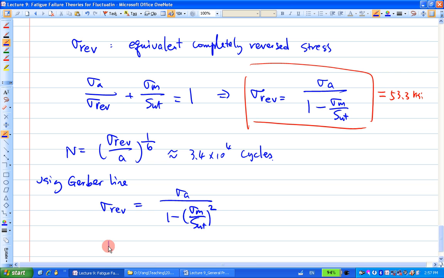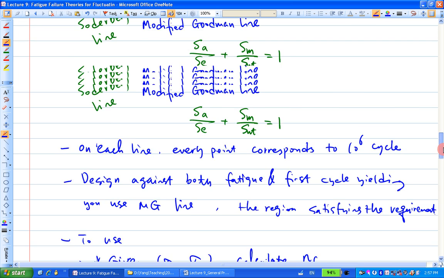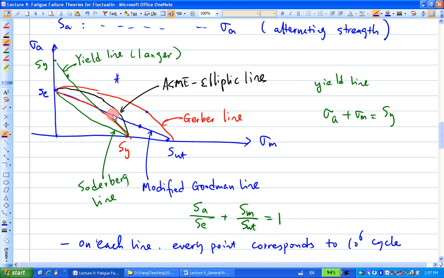So then you calculate your N based on that formula. Now before we calculate, let's take a quantitative view here. So here's a Gerber, here's a modified Goodman, and you're trying to calculate an equivalent sigma ReV. One is using analogy to the Gerber line, the other using analogy to the Goodman line.